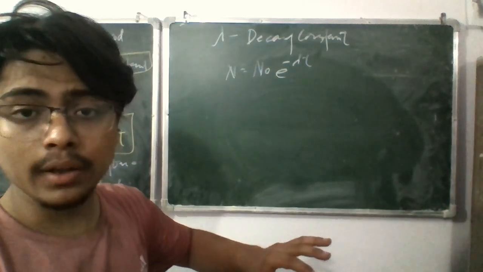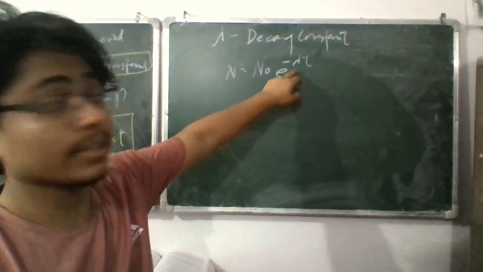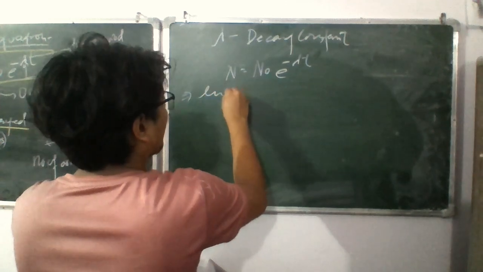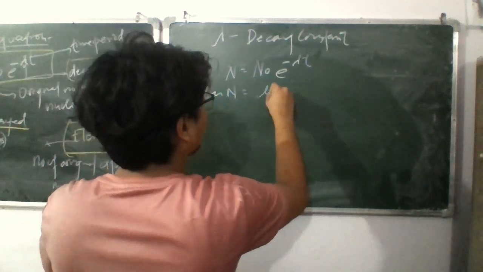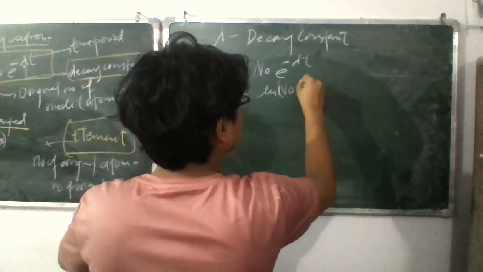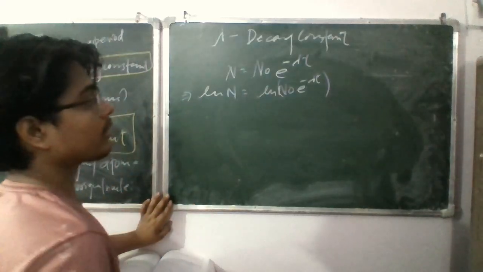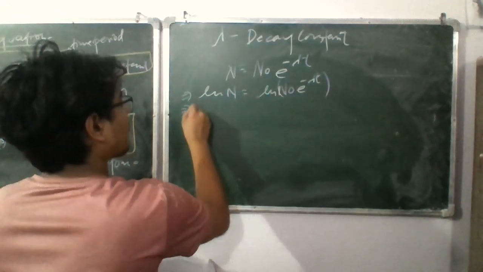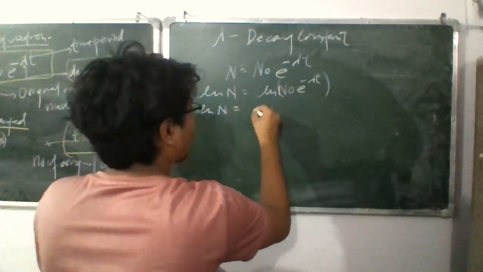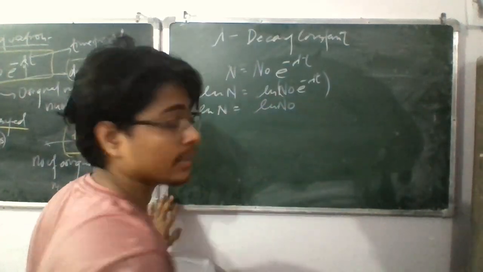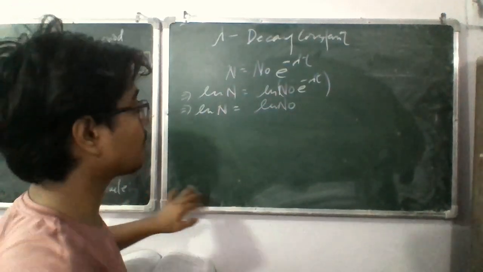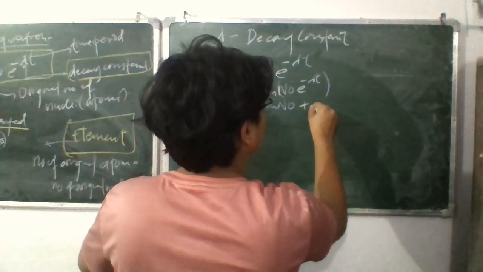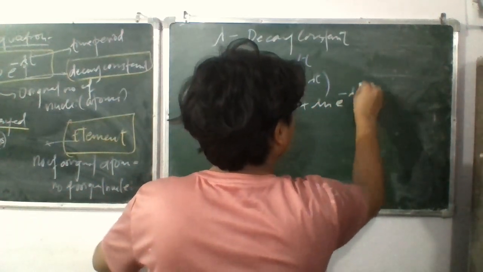So if we want to get the expression for lambda, then we can operate log on both sides, and that gives us the product of N naught and e to the power minus lambda t inside the logarithm. And if we operate it using the properties of log, then we get ln of N naught plus ln of e to the power minus lambda t.